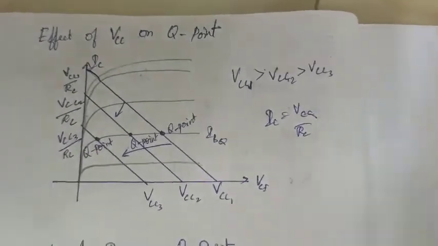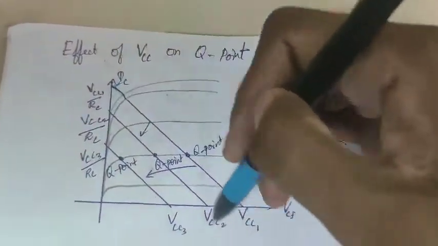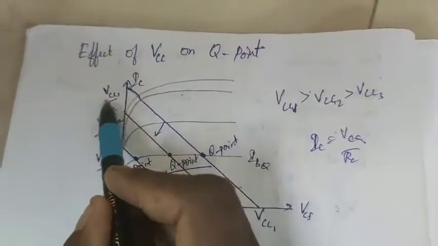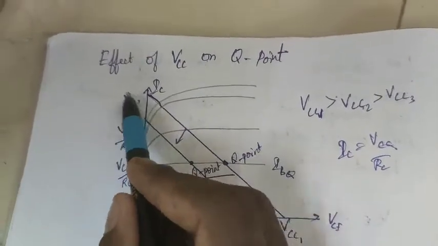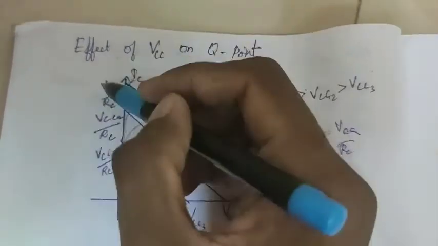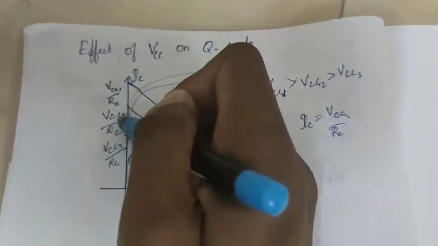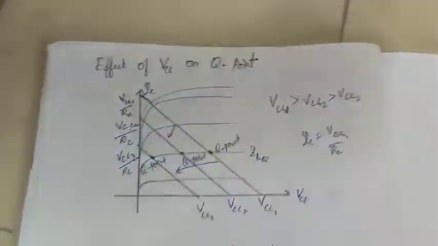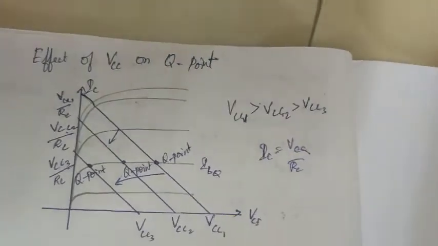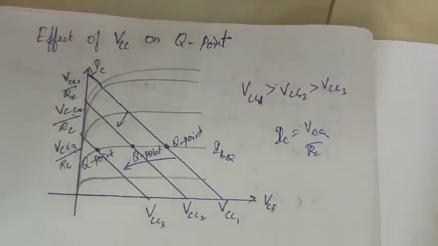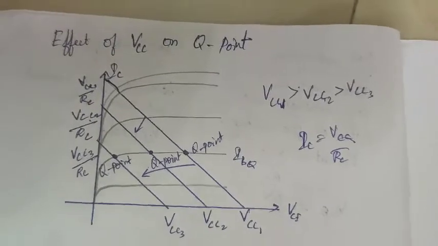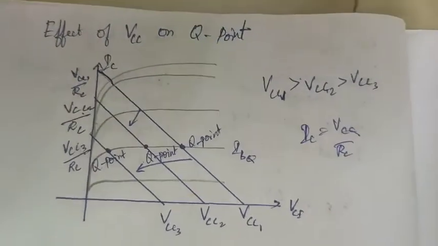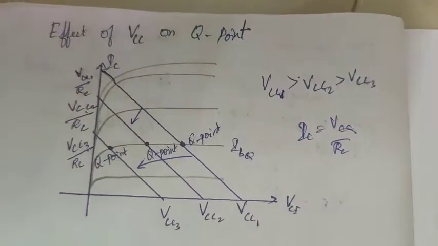That is why three parallel lines have been drawn. I have made sure that VCC alone is changed and RC remains constant. So we can tell VCC1 is higher than VCC2 and higher than VCC3, since the higher the VCC, the higher the Q point and the higher the load line.